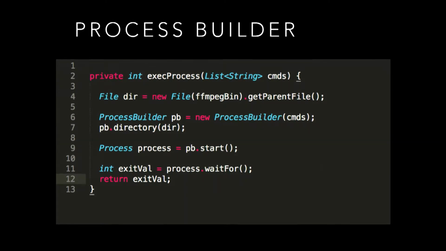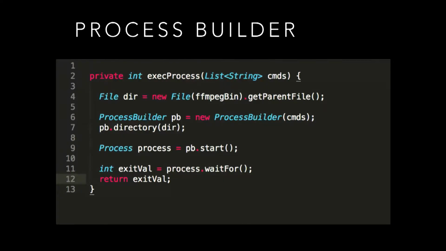So that would be the bin directory here. And then you take the ProcessBuilder object and you call the start method, which returns you the Process object. So this starts the process of sending those commands. So it's basically executing those commands on FFmpeg.